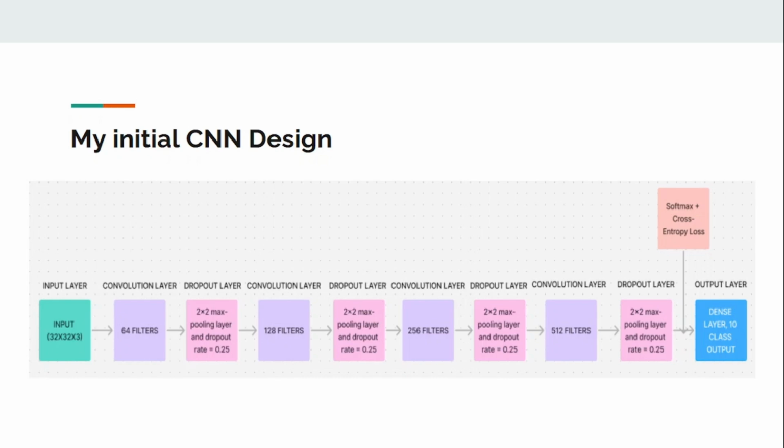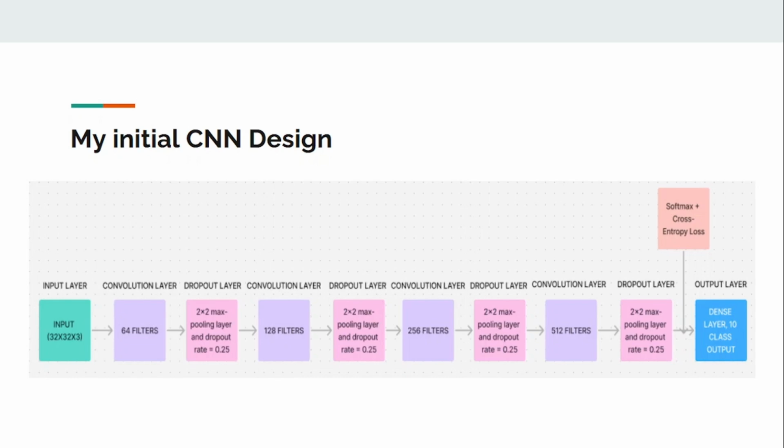Dropout is a powerful regularization technique that randomly deactivates a fraction of neurons during training, ensuring that the network does not overly rely on specific neurons. This forces the network to distribute learning across multiple neurons rather than relying on a few dominant ones, thereby improving generalization.